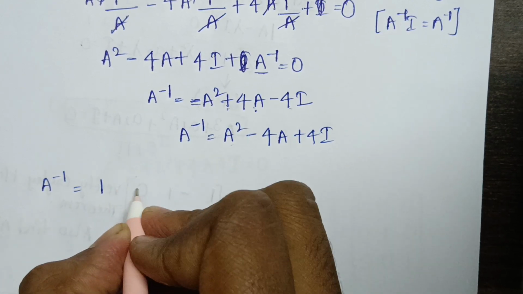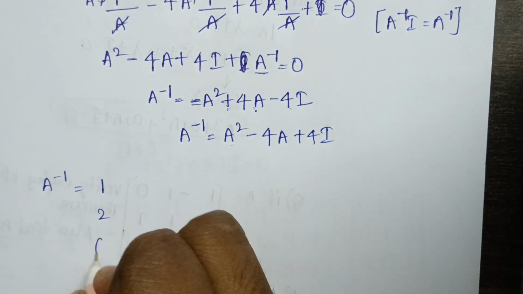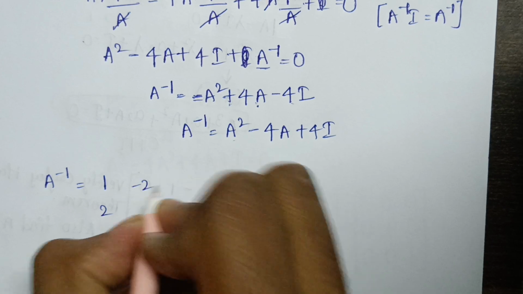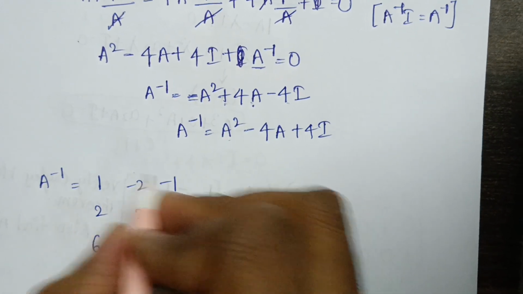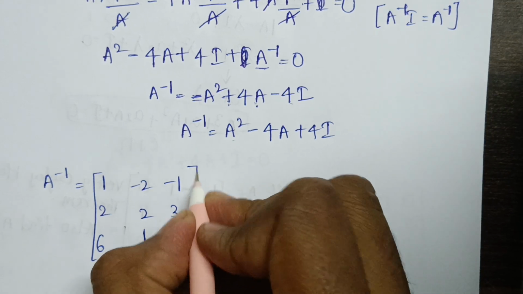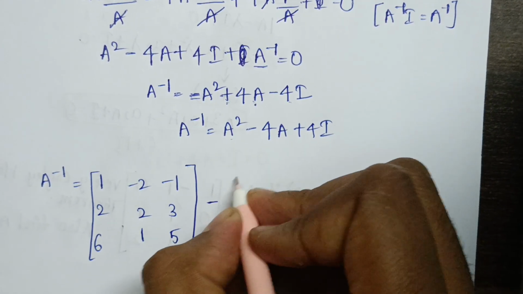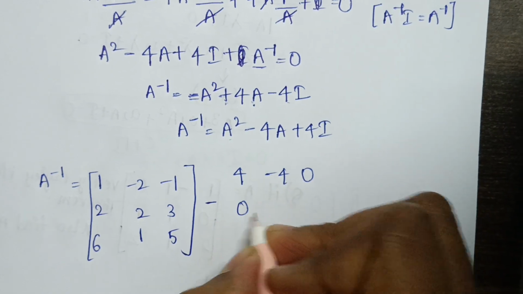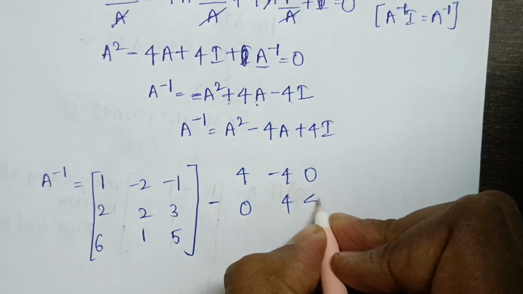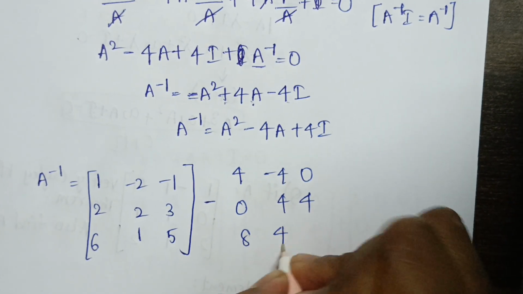A square value is 1 2 6, minus 2 minus 1 2, 1 3 and 5, and 4A value is 4 minus 4 0, 0 4 4, 8 4 and 8.